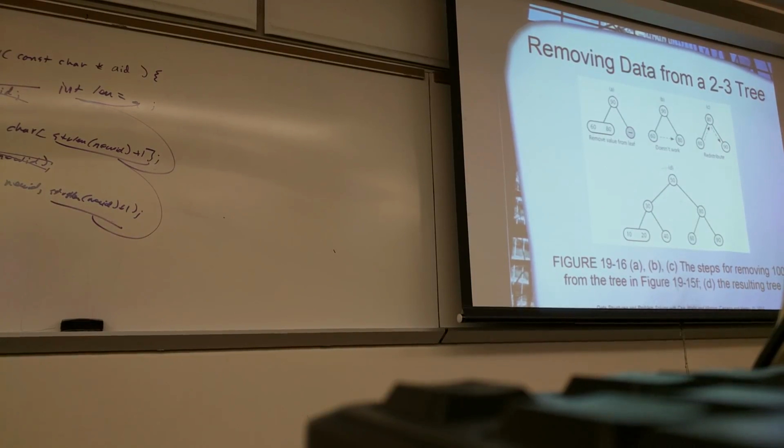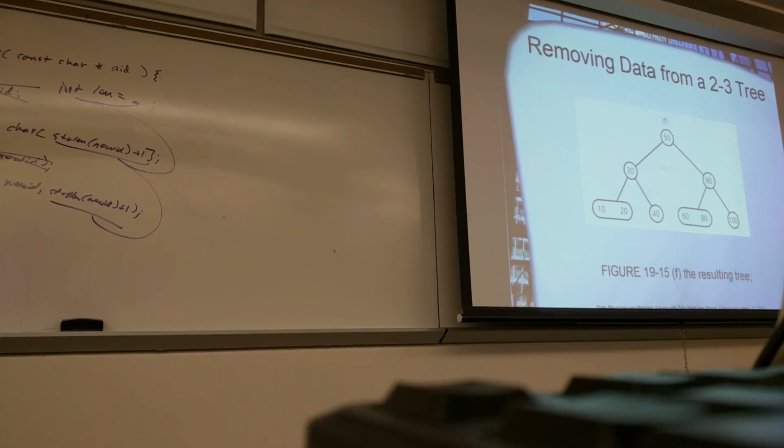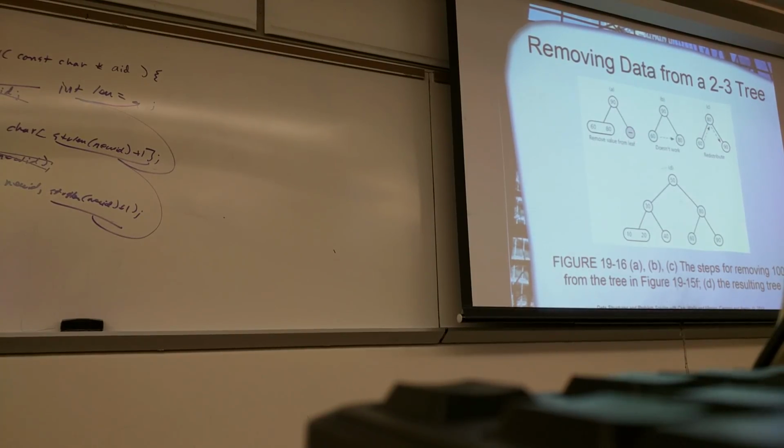Okay. Now I'm going to remove 100. Notice 100 is way over here. Now 100 is a leaf already, so I can just kill it. But when I do that, I don't have a valid 2-3 tree anymore, because I have a 2 node, 90, but it only has 1 child. Remember what I said about 1 child allowed.